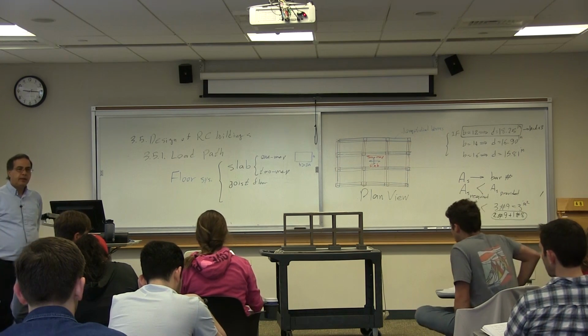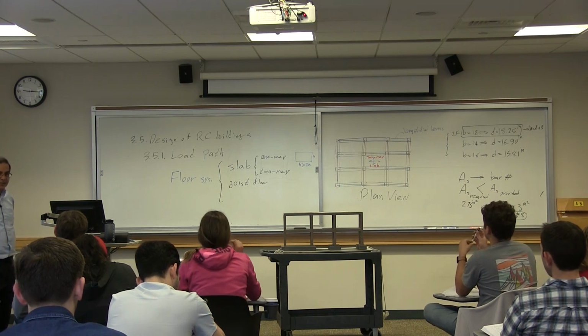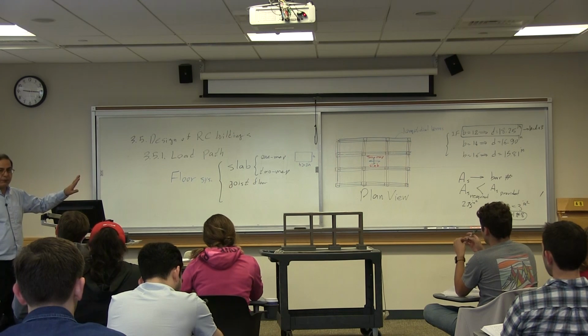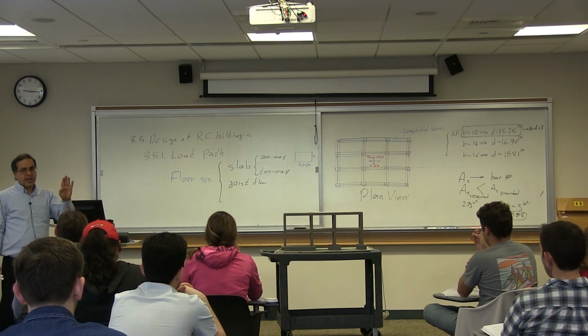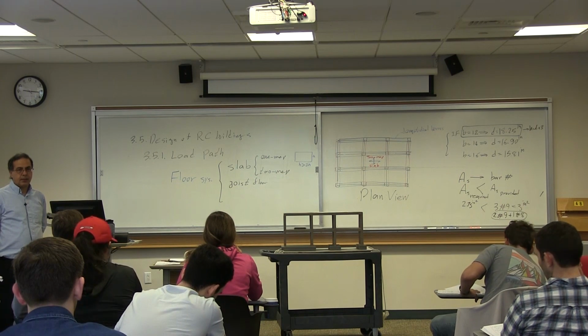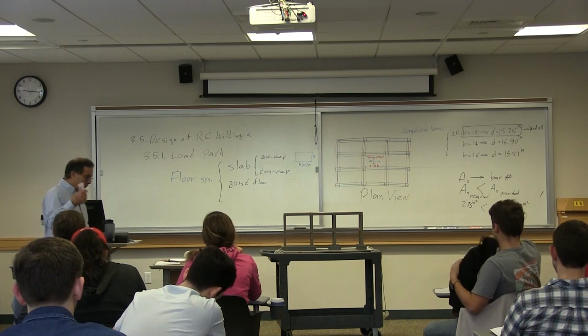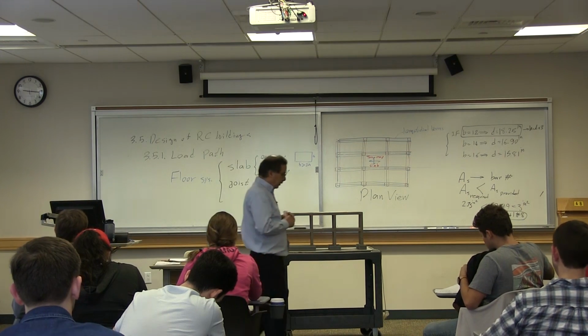Because it deflects less. Would the beam deflect less? Would the slab deflect less in the transverse direction than in the longitudinal direction? So let me just repeat what you said.